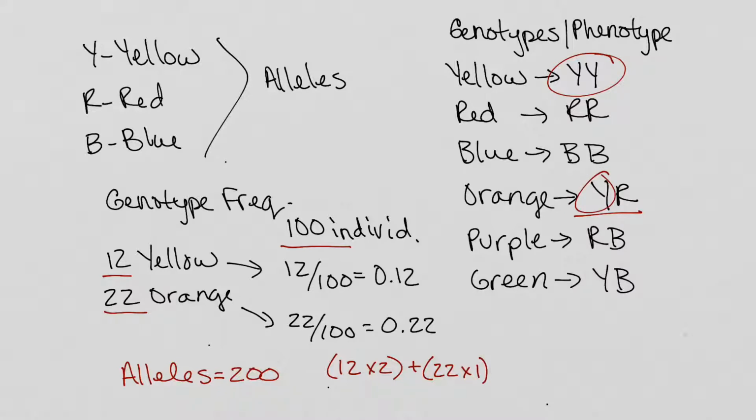So I would add these together. This is 24, and then we've got 22. If we add that together, I've got 46, and that's the total number of alleles that are yellow, and we have a total of 200 alleles. So I'm going to take 200 there and divide it out, and that's going to give you the frequency of the yellow allele. If we divide that out, I think that comes out to 23% or 0.23.